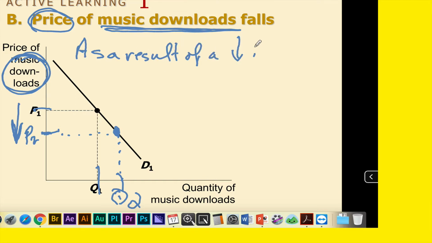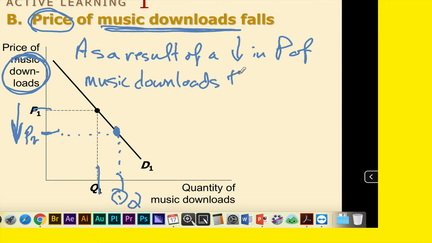So you say, as a result of a decrease in the price of music downloads, what is this right here? The quantity demanded decreases. Or, I'm sorry, increases. Wow. Read the graph. Increases. Yes, ma'am.